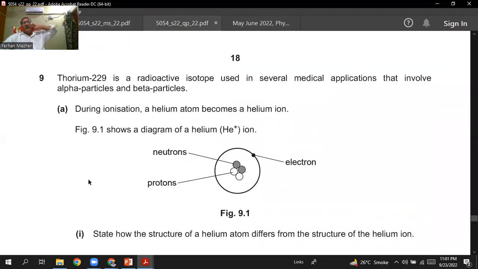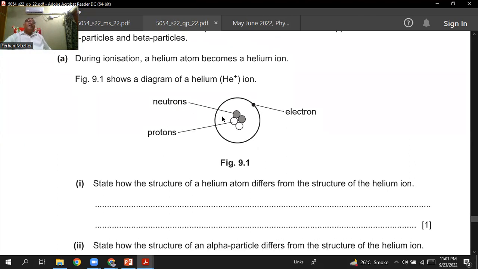Thorium-229 is a radioactive isotope used in several medical applications that involve alpha particles and beta particles. During ionization, the helium atom becomes a helium ion. Figure 9.1 shows a diagram of a helium ion. You can see it has 2 neutrons, 2 protons and 1 electron in it.